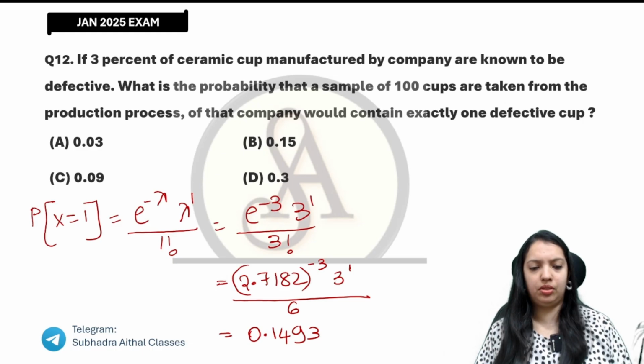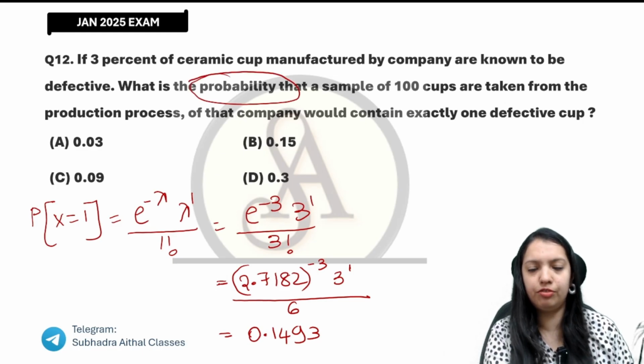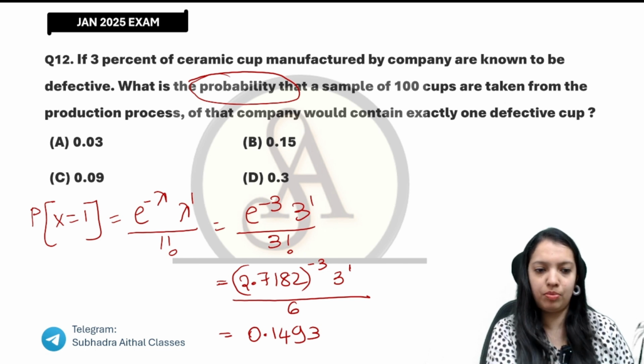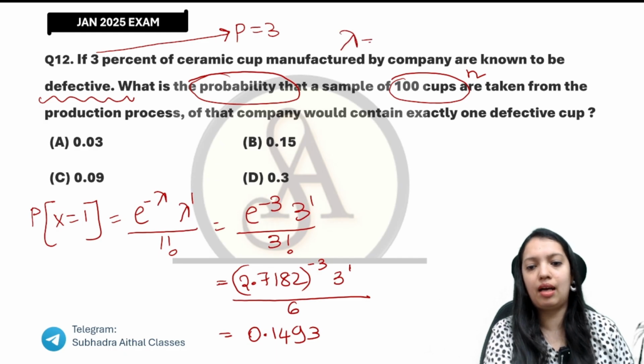Next question is about calculation of probability. Now this is a question from Poisson distribution. They have mentioned the word defective and p value is equal to 3%. Number of cups is equal to 100. So we can calculate lambda value as n into p, which is equal to 100 into 3%.